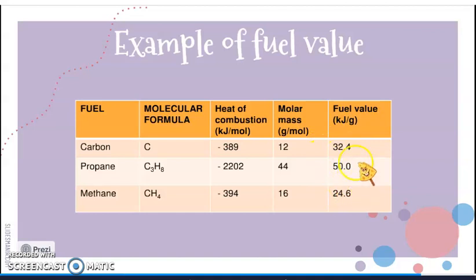Kalau kita tengok nilai sini, the highest value of fuel value is the best fuel. Maksudnya, semakin tinggi nilai fuel value, itu adalah bahan api yang lebih bagus. Sebab maksudnya 1 gram bahan api itu terbakar dengan lengkap, dia membebaskan banyak haba ke persekitaran.